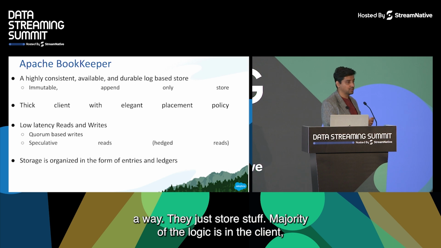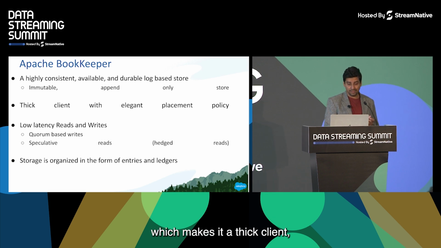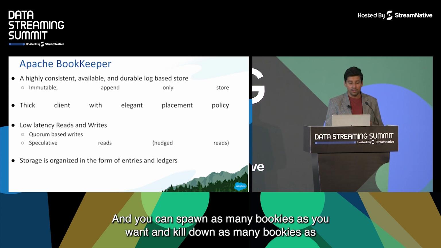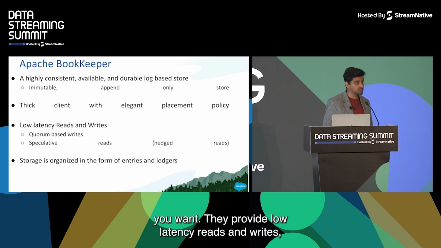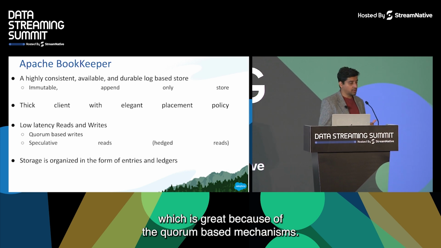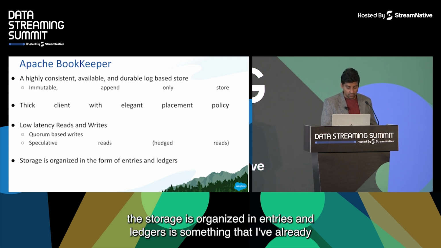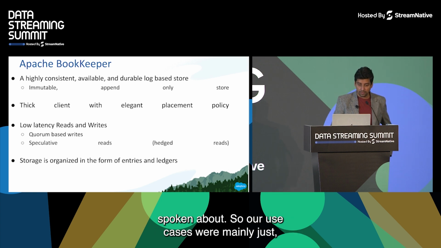The majority of the logic is in the client, which makes it a thick client, which makes it elegant to plug and play new policies. And you can spawn as many bookies as you want and kill as many bookies as you want. They provide low latency reads and writes, which is great because of the quorum-based mechanisms. And the storage is organized in entries and ledgers, which I've already spoken about.